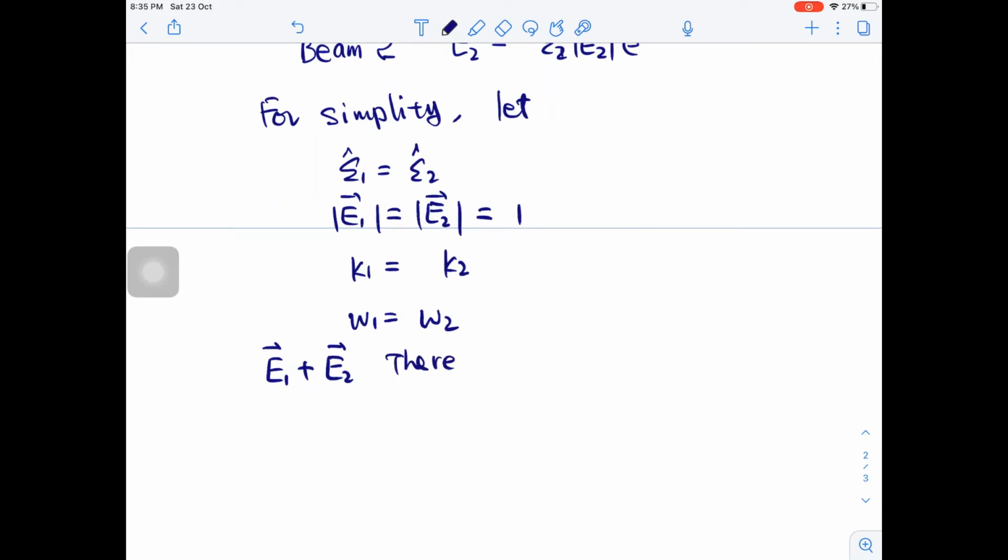So the E1 vector plus the E2 vector therefore has the form of the following.